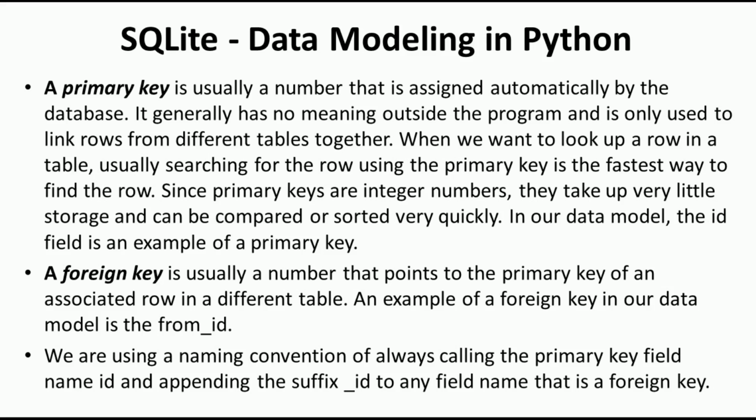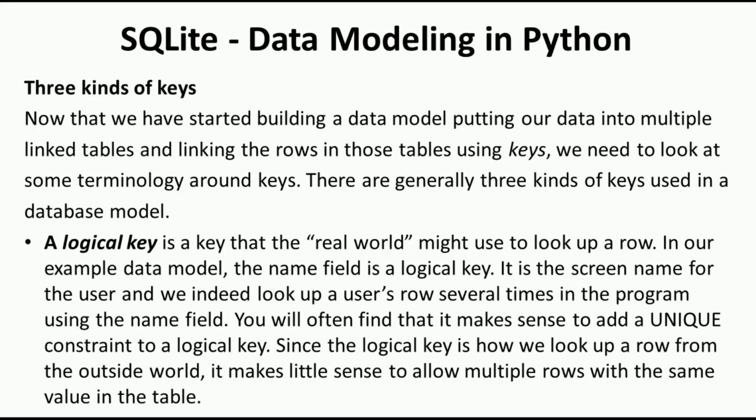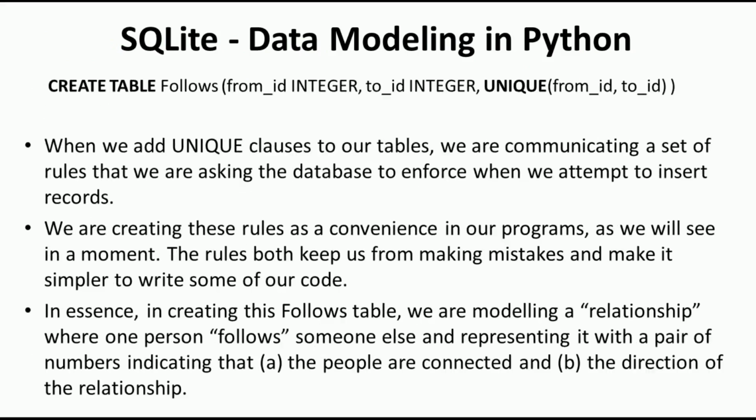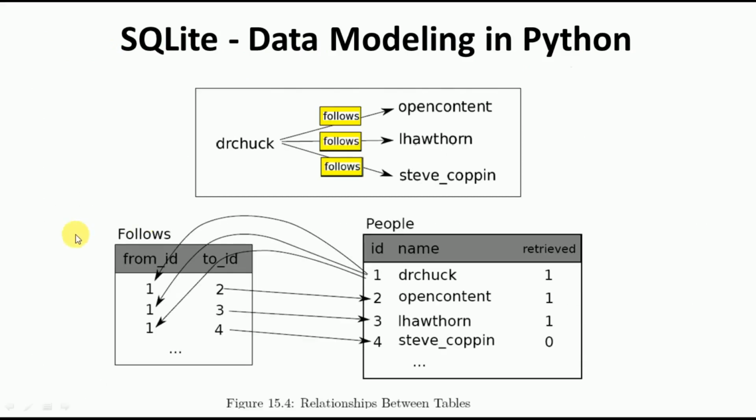Foreign key. What is a foreign key? A foreign key is nothing but the attribute which points to the primary key in an associated table, or in a different table. For example, from ID is present in the follows table.